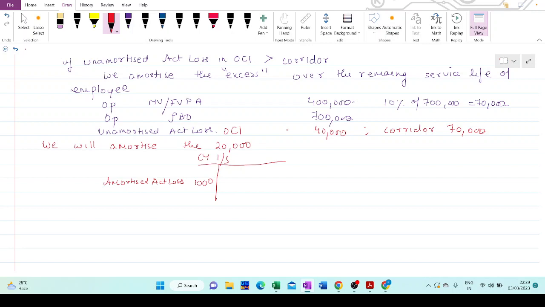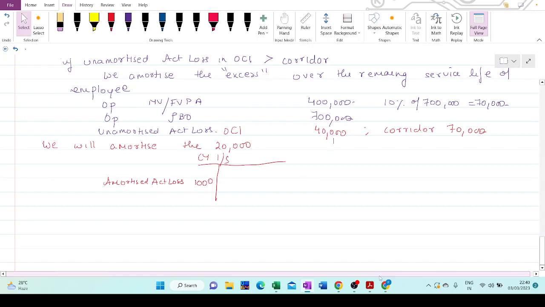Yes or no, guys? Does the actuarial loss exceed my corridor? Do my actuarial losses in OCI exceed my corridor right now? Yes or no? Please tell me.